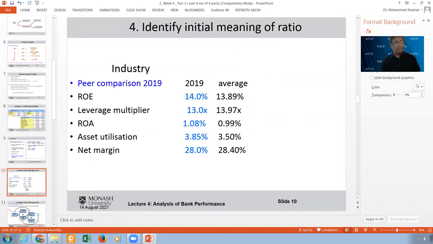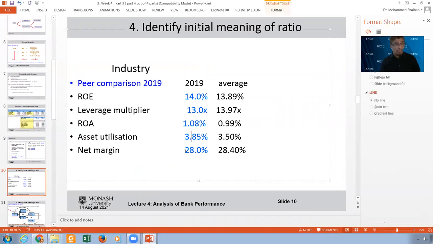We start to compare with the industry, which is the peers. And we see, look, actually in 2019, we are doing well compared to the industry in terms of everything, which is why this bank probably has maybe something wrong, because they are doing well in the ROE. The leverage multiplier is even less. We have less capital, less expenses, and ROA is also higher. And asset utilization is even much higher. But when you come to the net margin, they are higher than us, which means there is something there.